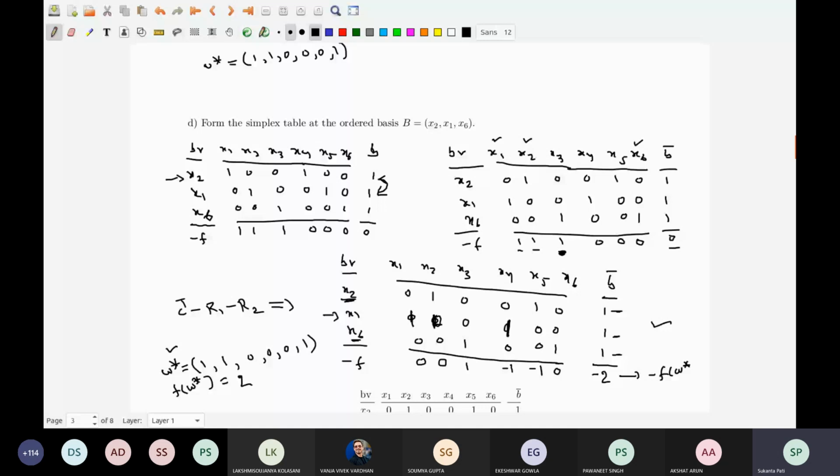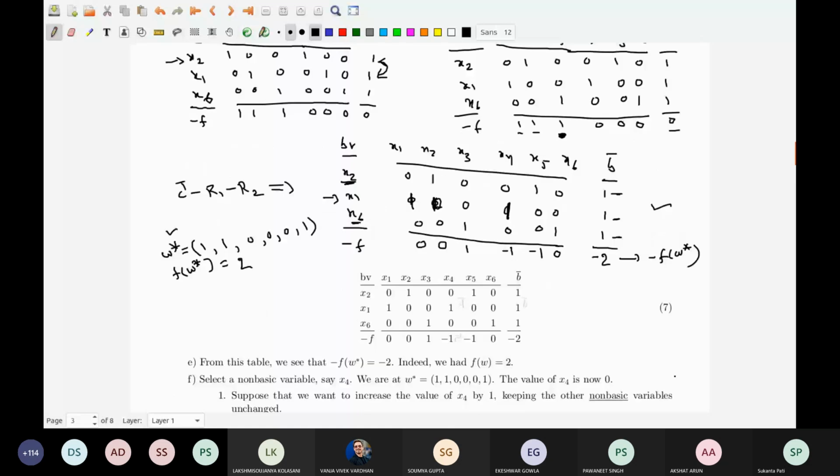You actually have to minimize this thing. So that is your simplex table. Fine, that part is fine. Any doubt here? No, sir. Okay, thank you.